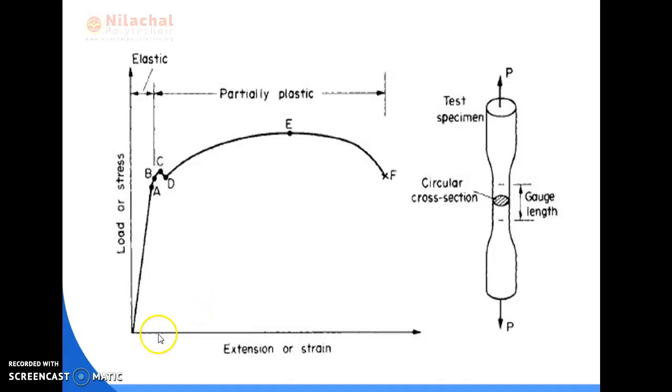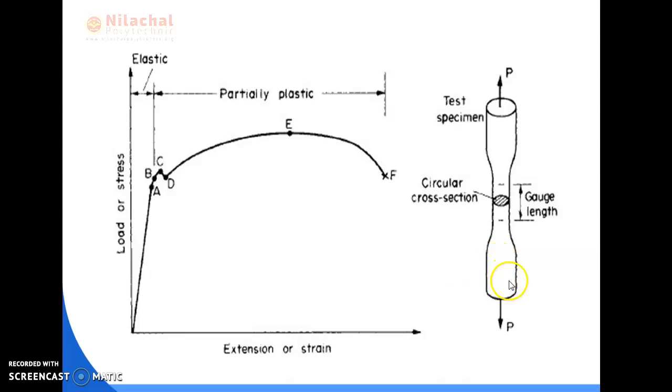Generally, the graph starts at the origin point of the graph. The origin suggests that no load is applied upon the material, so there is no deformation in the material.